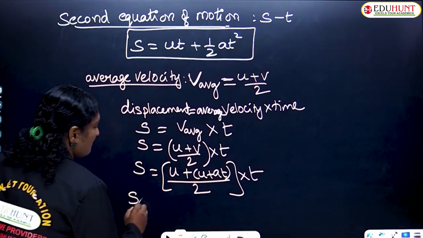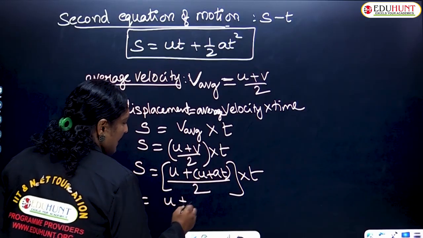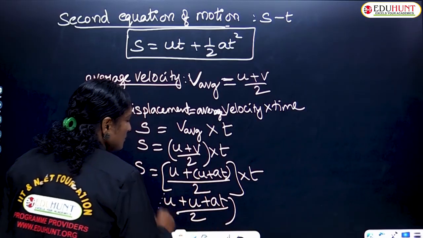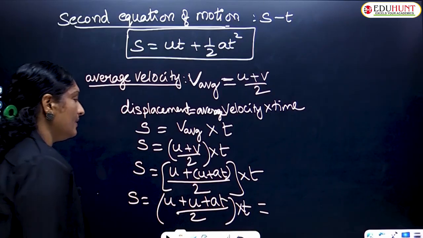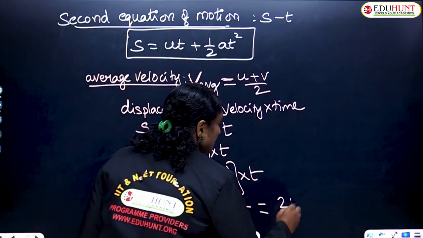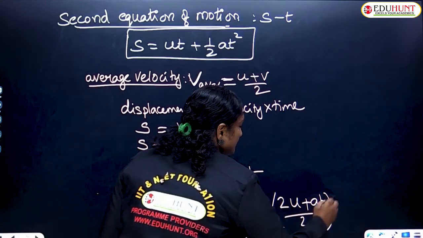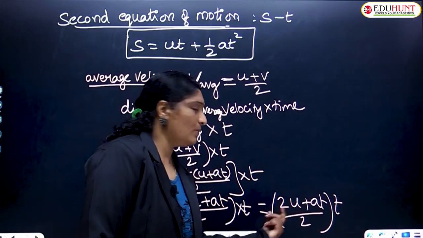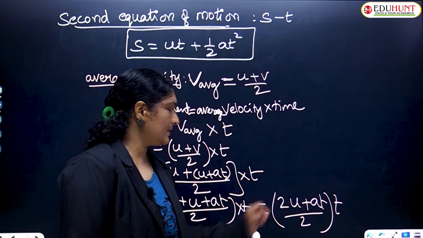So now after simplifying, open the bracket: (u plus at) by 2 into t. Here u plus u, how much, children? 2u. Very good. (2u plus at) upon 2 into t. Now this 2 is common for both the terms.